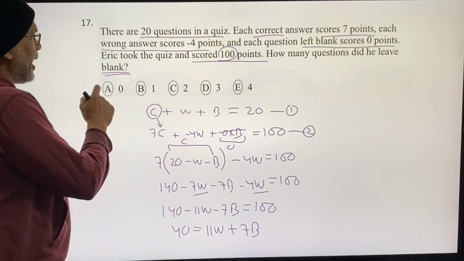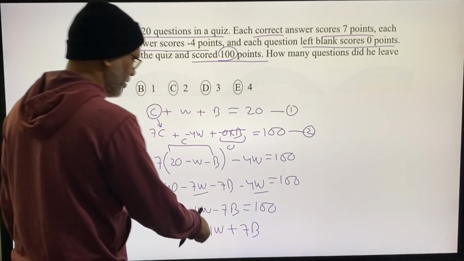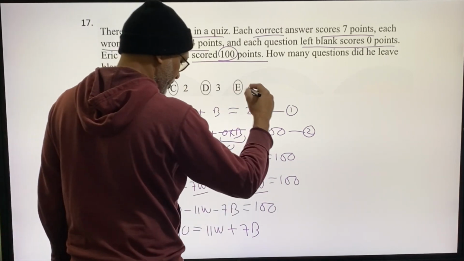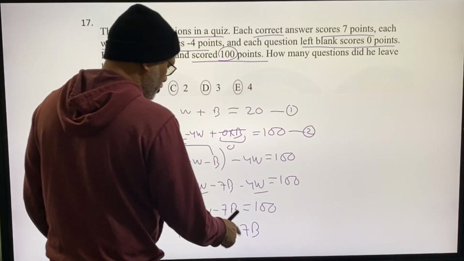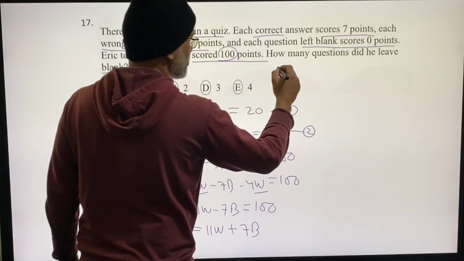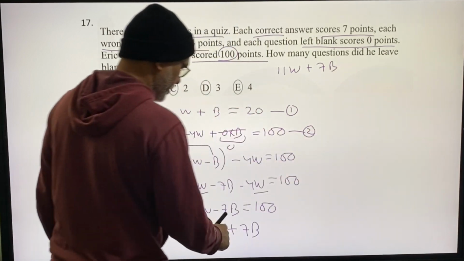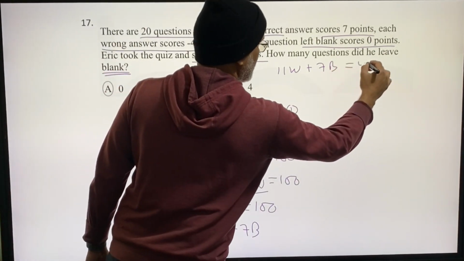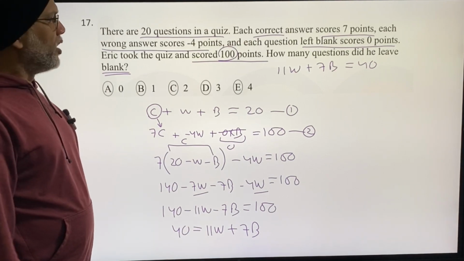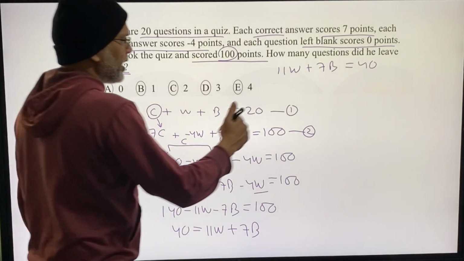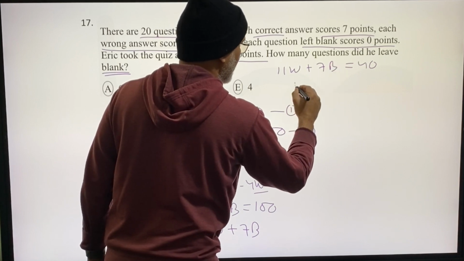I want the number of questions he left blank. Let me rewrite that here. I'm just copying it, but I'll switch the sides. So 11W plus 7B is equal to 40, right? This is exactly the same as the previous equation. I need the number of blanks, so let me figure out how many blanks from this equation.